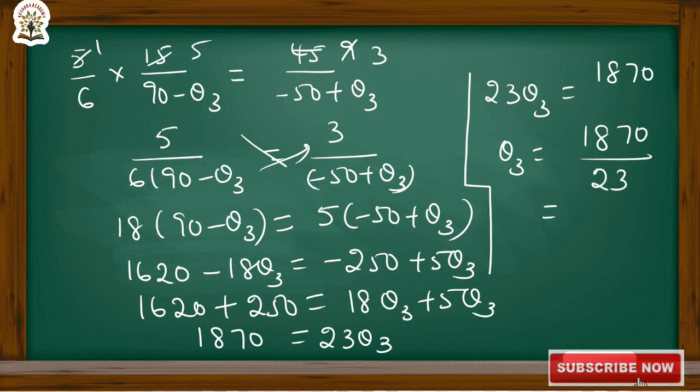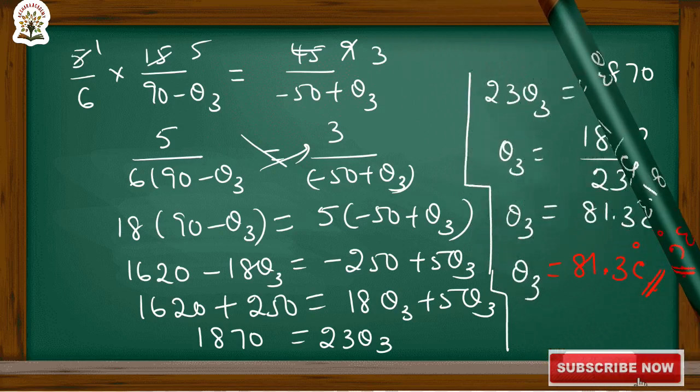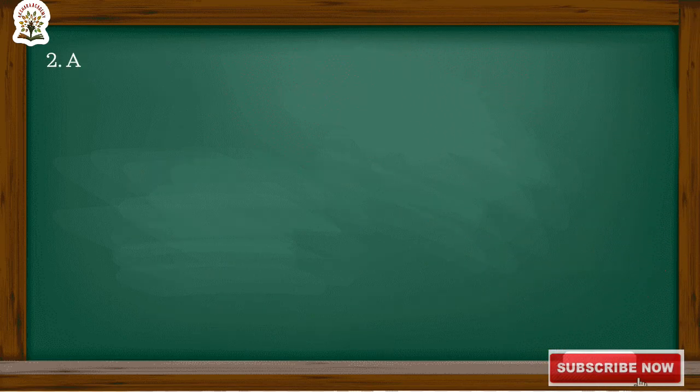Here after division we are getting 81.3 degrees centigrade. Therefore the final answer is theta 3 is equal to 81.3 degrees centigrade. This is the final. Next we will go to the next question.